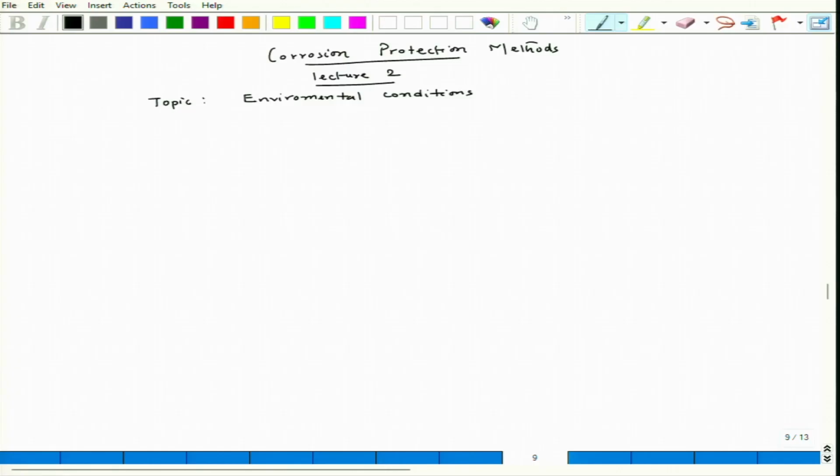When we list down, if this is my earth surface, something could be in soil, something could be in an electrolyte. Actually, soil will also have electrolyte. So, we say aqueous medium, and then the other part is open atmosphere.